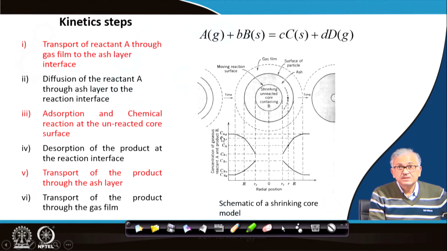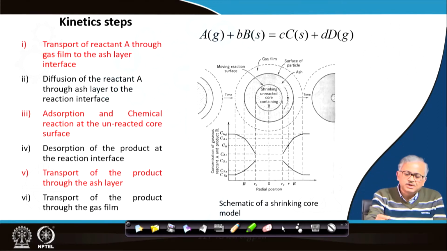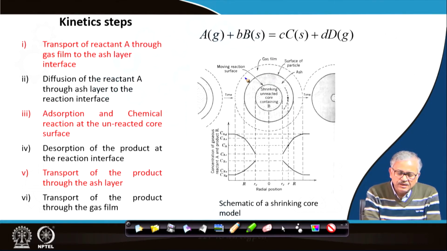From here you can see the concentration profile. CAG is the concentration at the film-bulk interface. From here to here there is the film resistance, because there will be some mass transfer resistance between these two interfaces. As a result there will be a drop in the concentration of A because of the gas film resistance.